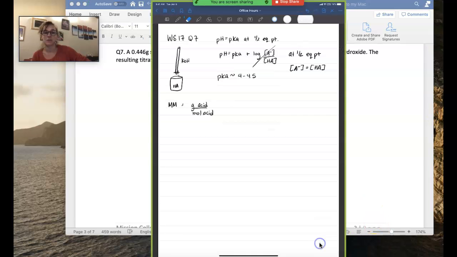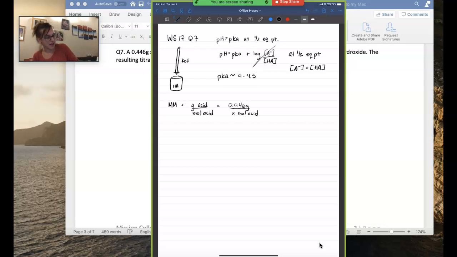So that's how much we weighed out. But we don't know the moles because we don't know the molar mass. That's kind of the goal here. So we already know that we have 0.446 grams of the acid, but what we don't know are the moles of the acid, the X there. That's what we're trying to find here.